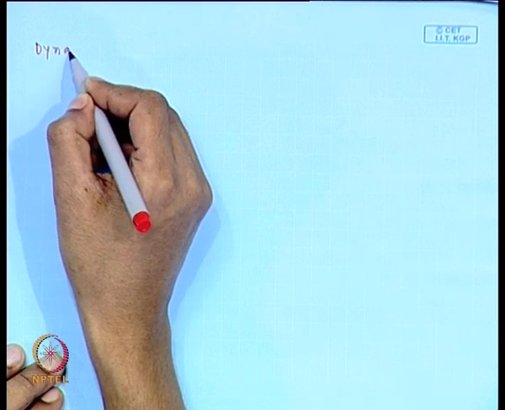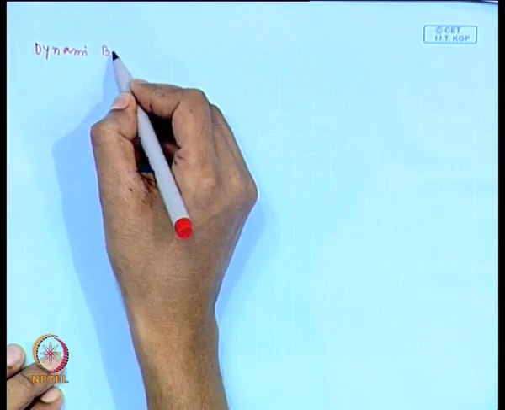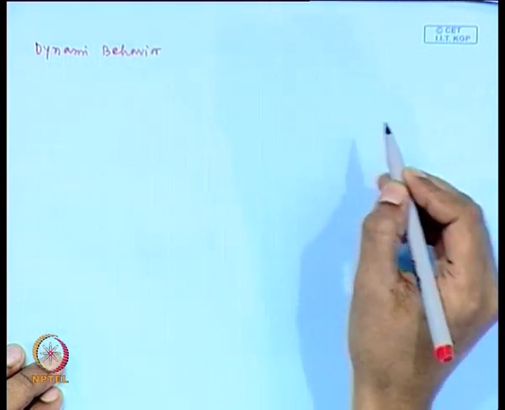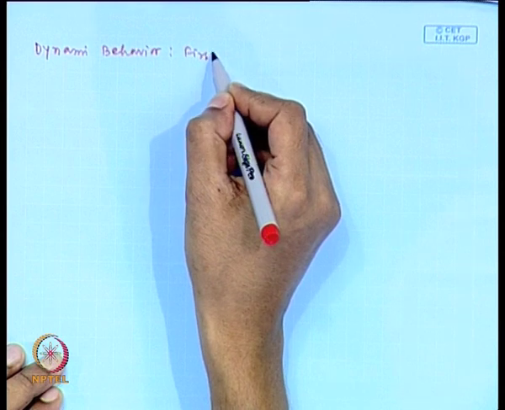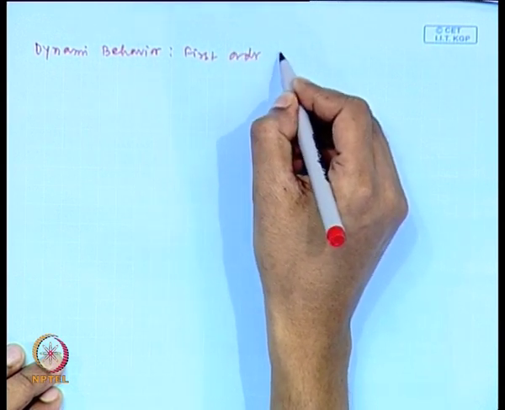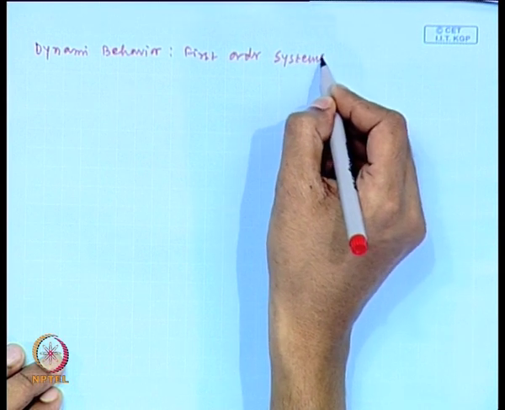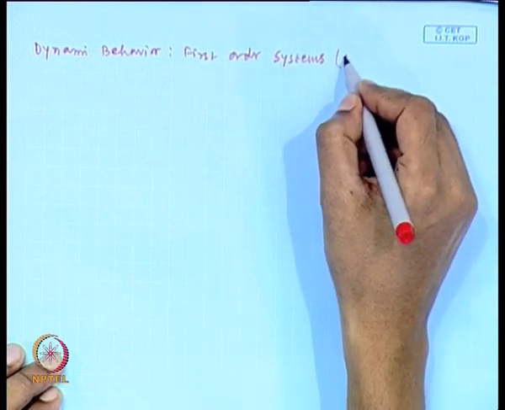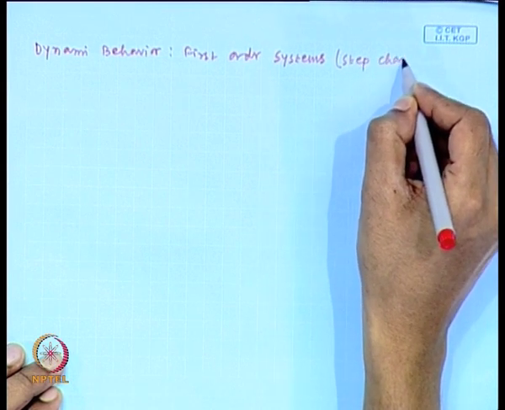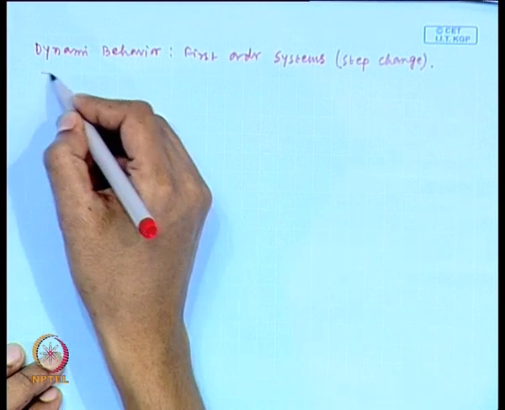Fine. Anyway, next we will consider another dynamic study, that is the dynamics of first order system considering step change. Previously, we have considered ramp change. So, now we will discuss dynamic behavior of first order systems considering step change.